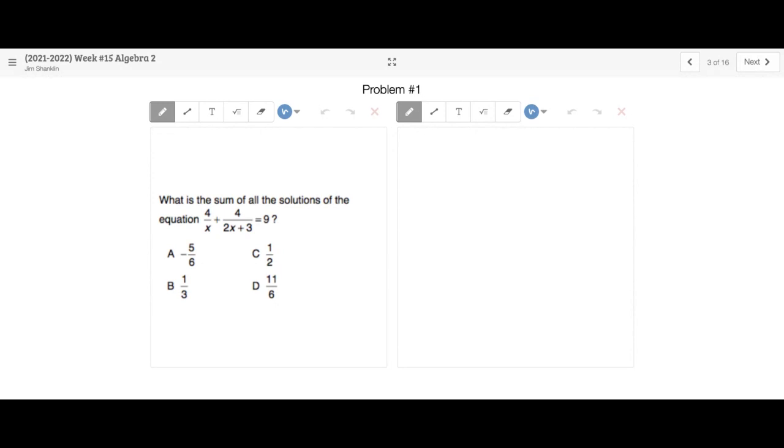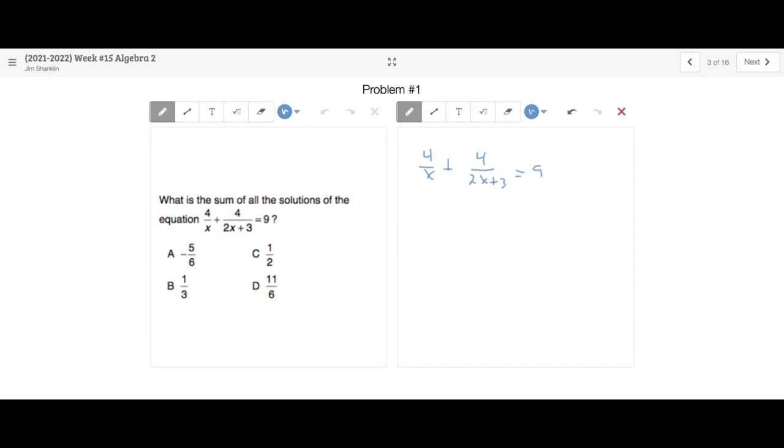So I'm going to write my problem out over here. Okay, so I've got 4 over x plus 4 over 2x plus 3 is equal to 9. Let me see what's the math I had.